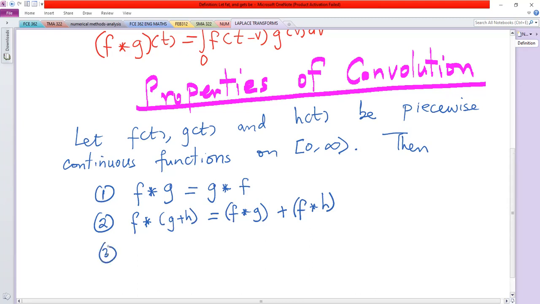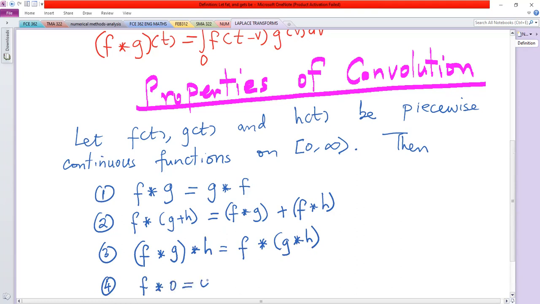Number three, if I have f convoluted with g and then I convolute with h, it's the same thing as taking f convoluted with g convoluted with h. So that is the associative property. And lastly, number four, if you convolute any function f with 0, then you always get 0.